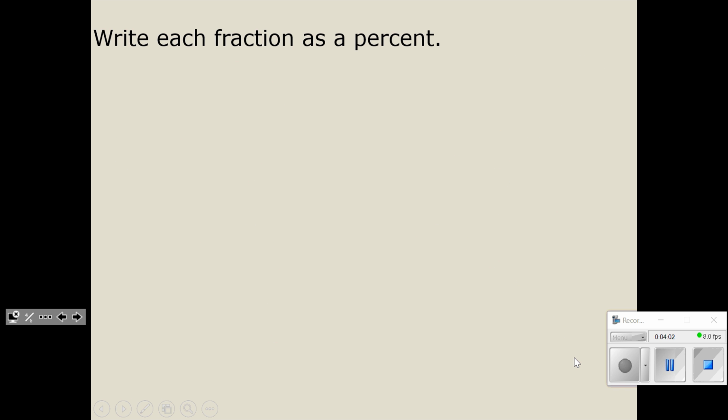The next set of directions is write each fraction as a percent. And here is example 3. -2/5. So I know my answer is going to be a negative. And I have to do 2 divided by 5. I can add a decimal point and some zeros.